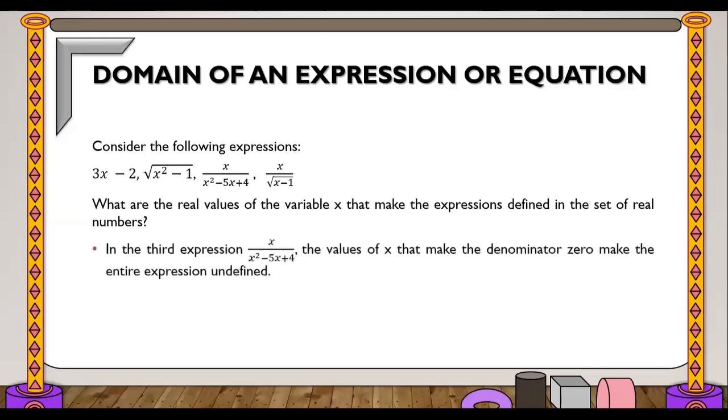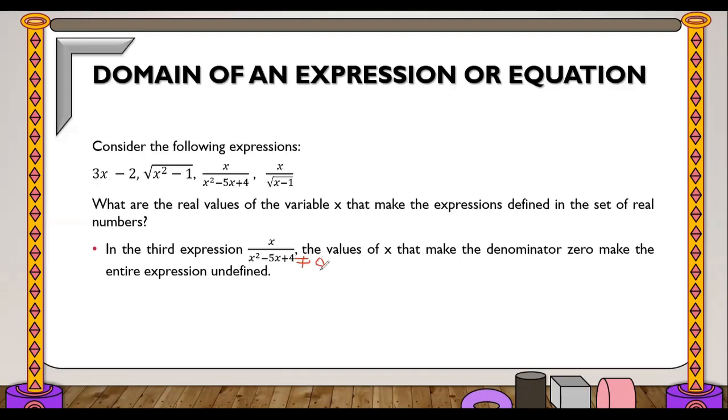Next, for the third expression, we have x divided by x squared minus 5x plus 4. The values of x that make the denominator 0 make the entire expression undefined. Di ba? Kapag rational expression yung ating given expression, iiwasan natin na yung denominator ay maging 0. So therefore, the denominator must not be 0, kasi pag nag-0 yung denominator, the entire expression goes to undefined.